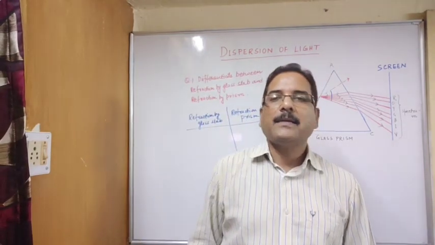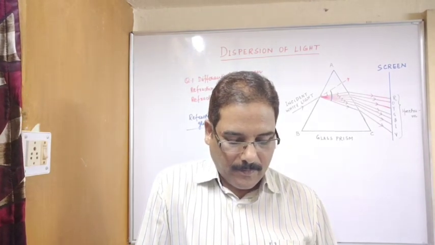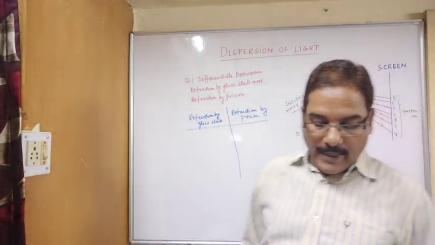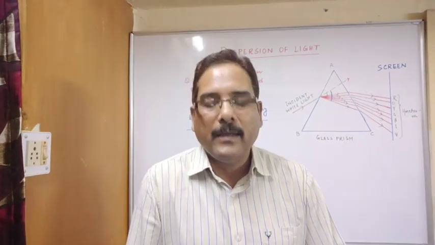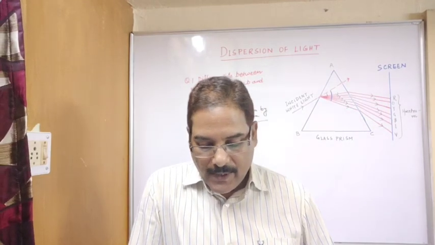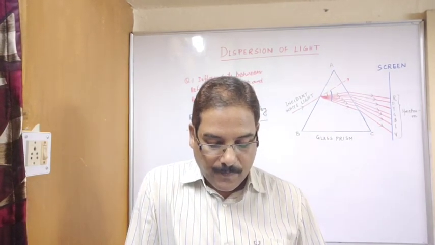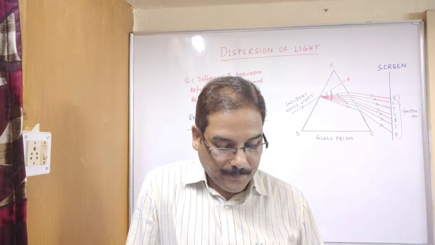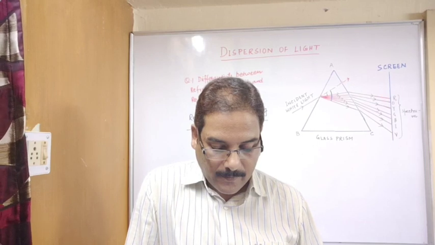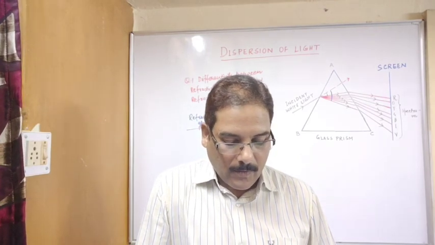And on the right side, refraction by prism, you write the second point: a ray of light through a prism changes its direction. So these are the differences.